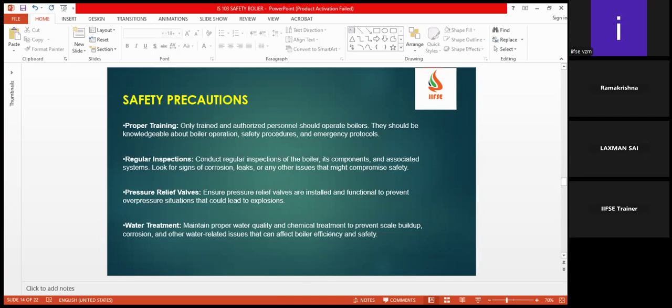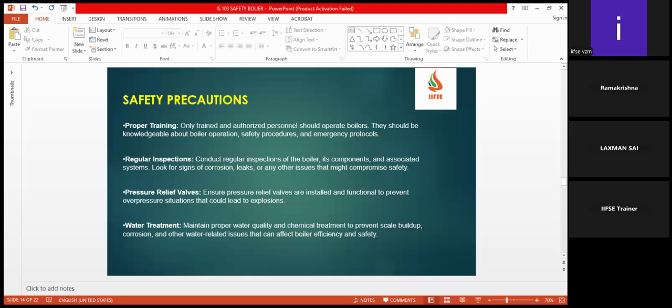So all the pressure vessels have to be inspected. Even the boiler inspector visits every year for each boiler they will inspect. So in those cases also, they will see all the performance of these pressure relief devices, etc. So we should be maintaining all these devices under proper condition.